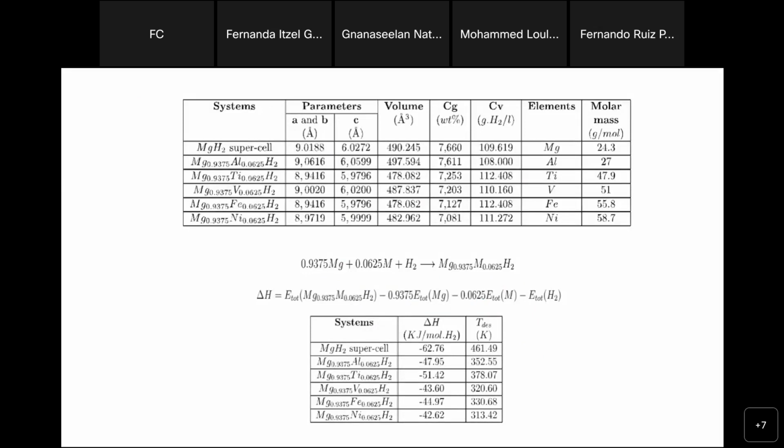But the formation enthalpy, that is given from this reaction, presents a significant decrease as it is shown in this table. So such decrease of the formation enthalpy implies a decrease of the decomposition temperature. Next slide, please.